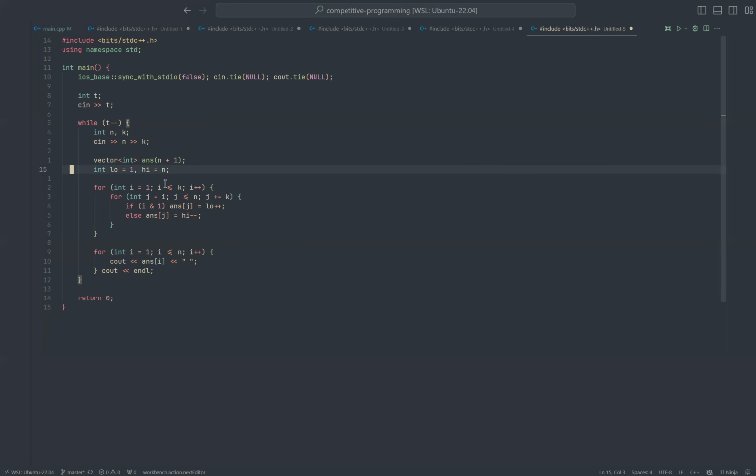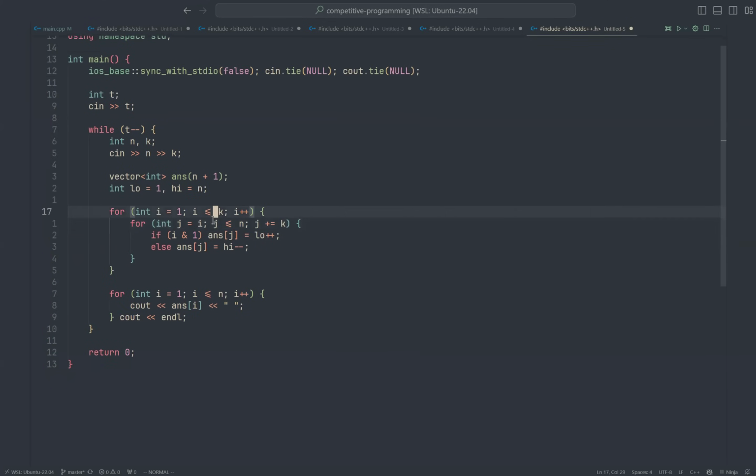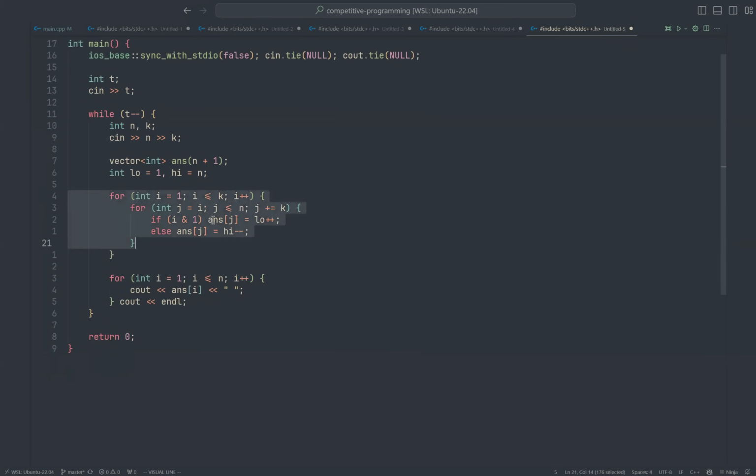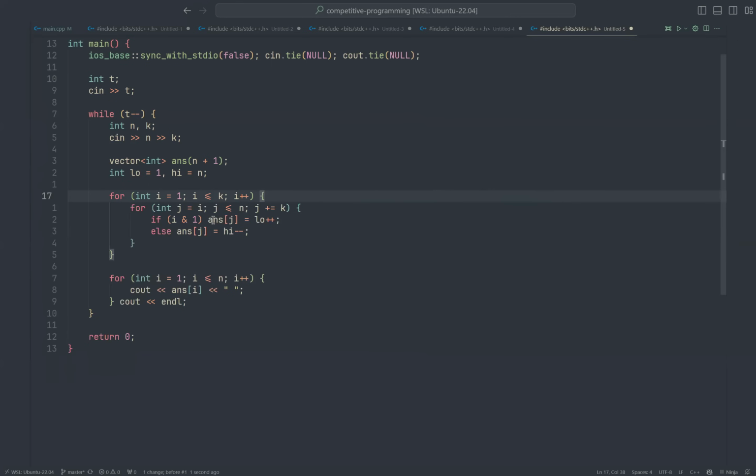I'm just printing this pattern, having low and high, and having two for loops, which will overall have a time complexity of big O of n only, because one loop goes from i to k, and the other loop has a time complexity of n by k. So overall, these two for loops will have a time complexity of big O of n.